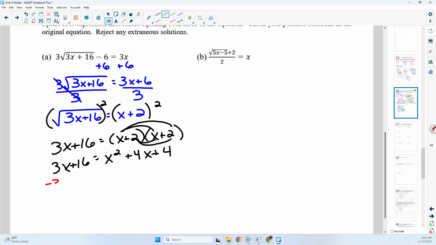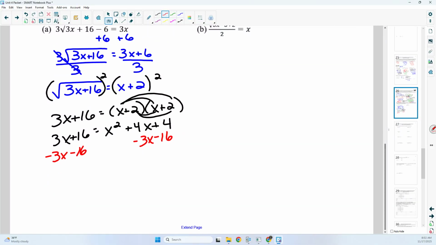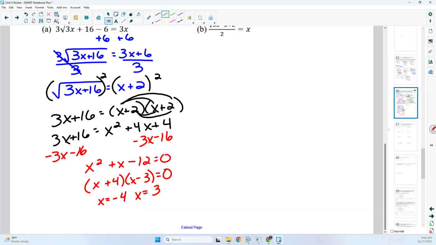I'm going to set it equal to 0, because I have a quadratic. And I get x squared plus x minus 12 equals 0. So factoring this out, I get answers of 3 and -4. And when I check those answers, the -4 does not work, but the 3 does.